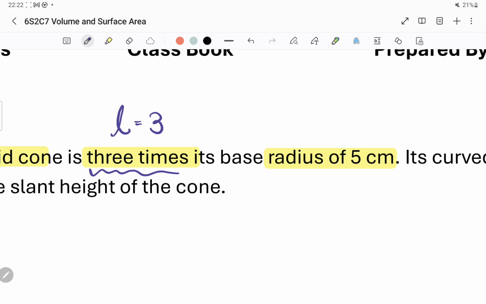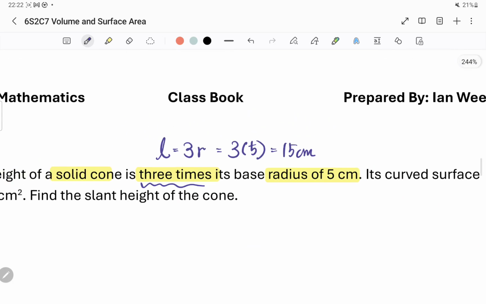Its base radius is r, and they also give that it is 5, so you times 5. So automatically your slant length is 15 cm.